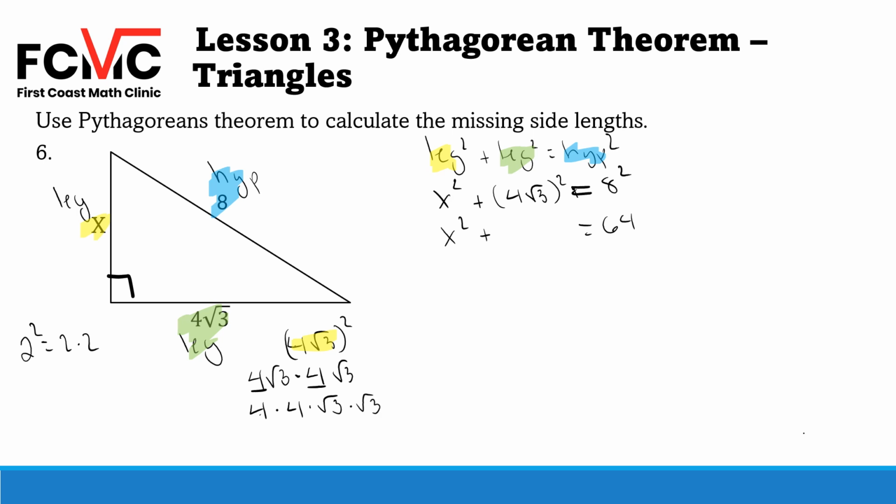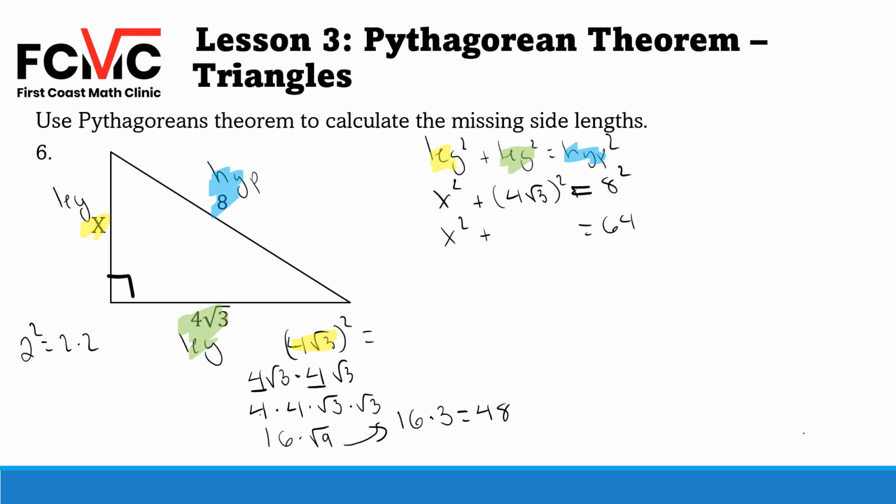Well, 4 times 4 is 16. And square root of 3 times square root of 3 is square root of 9. So I'll get 16 times, well, what's square root of 9? Square root of 9 is 3. And then 16 times 3 is going to give me back 48. Okay? So that's basically what we're doing here.